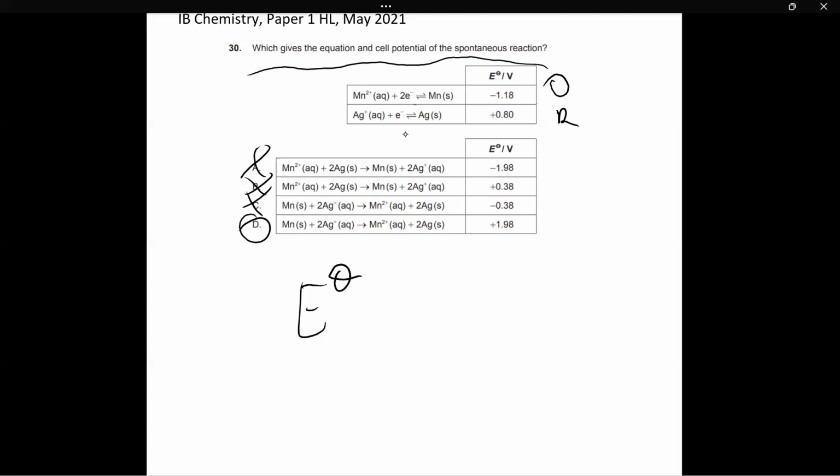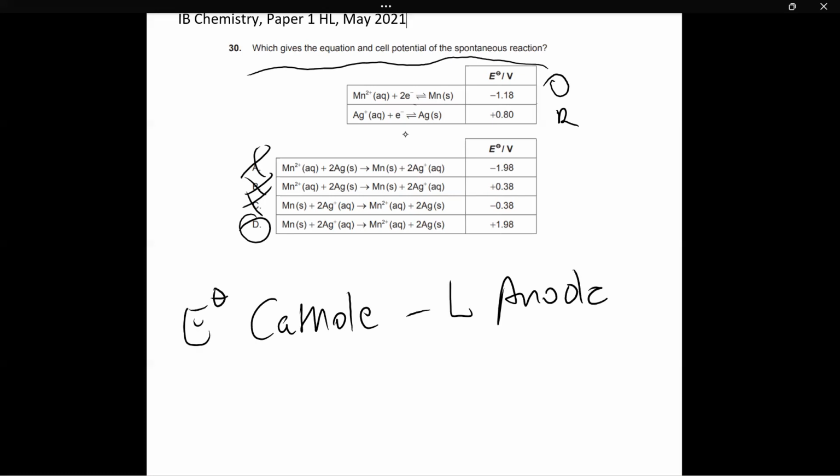And we know, how do we calculate the overall E naught of a reaction? What I like to think of it is cathode minus anode. So the E naught value of the cathode minus the E naught value of the anode. And the cathode is where reduction occurs. And where is reduction occurring in this case?